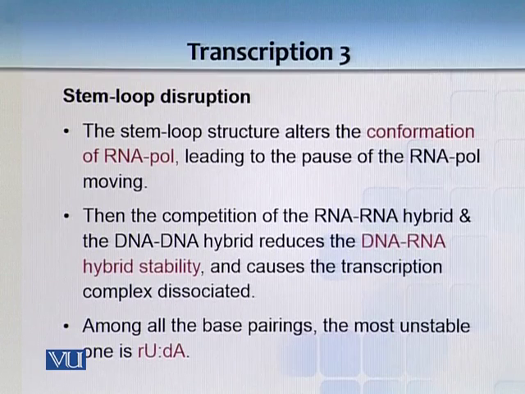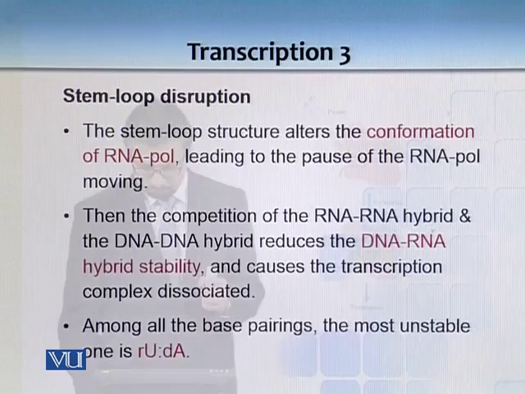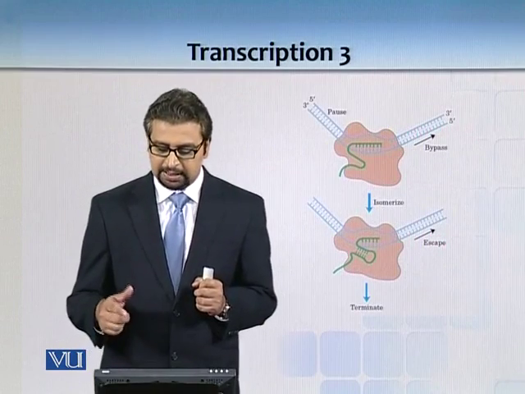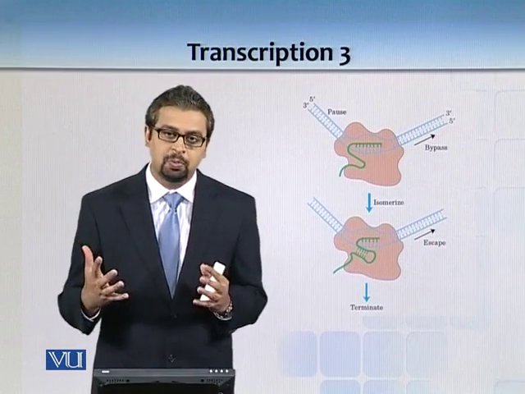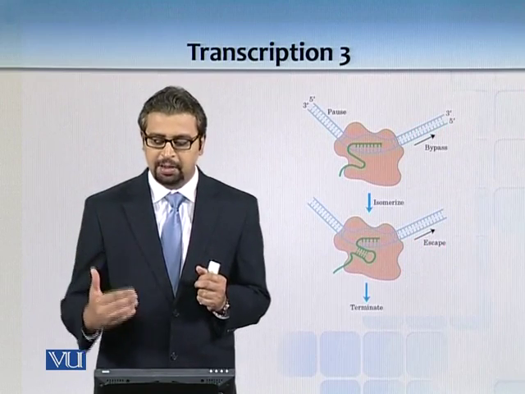And among all the base pairing, the most unstable one is that of uracil and adenine, because adenine always favors thymine. So what you are watching here is that ultimately the stem loop structure disrupts and transcription is terminated.